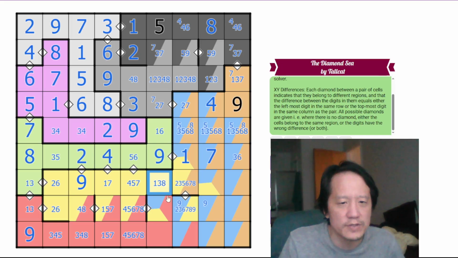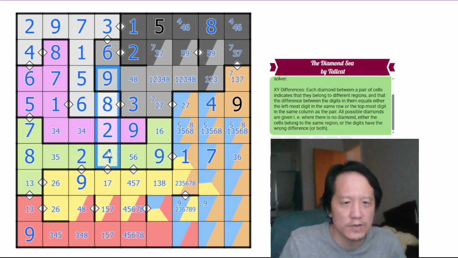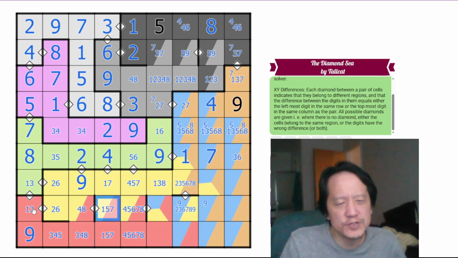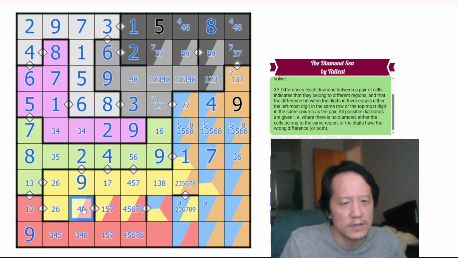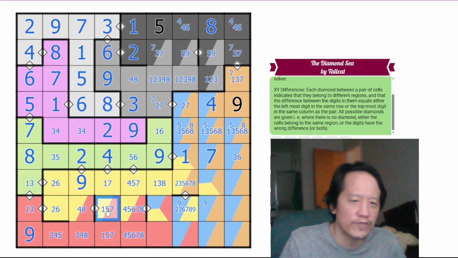So this can't be 7 here. 3, 2, 4, that's fine. 4, 1, 7, that's fine. One of these is 5, that's fine. If this were 3, this could be 4 with 1 or 7. That would work. If this is 1, this could be 8, 7, or 4, 5.